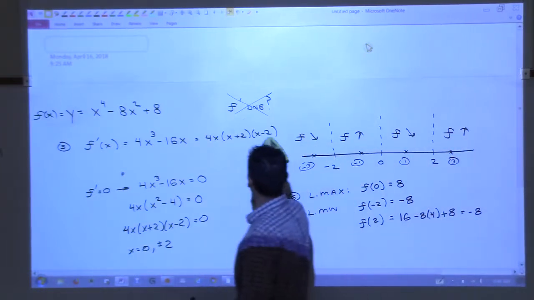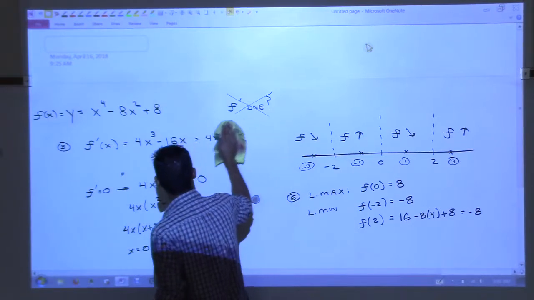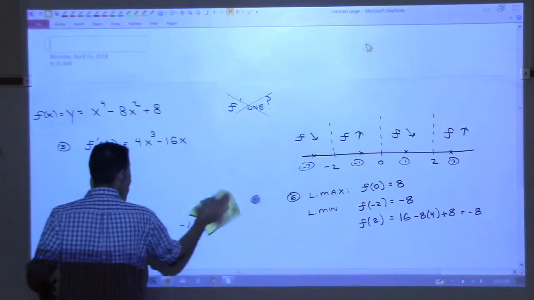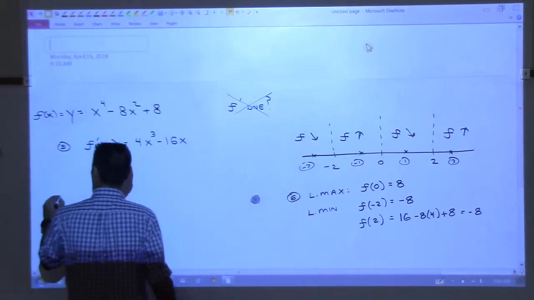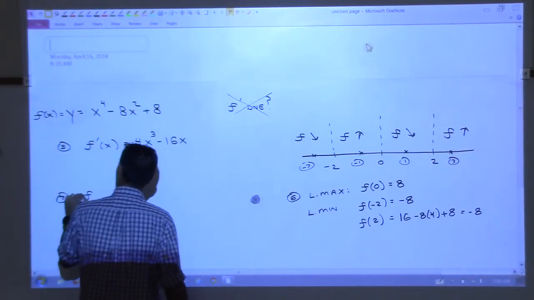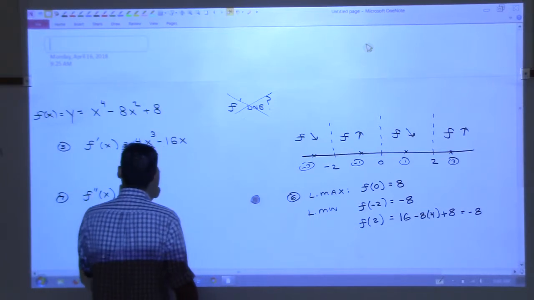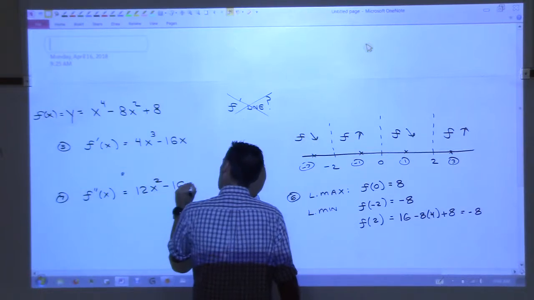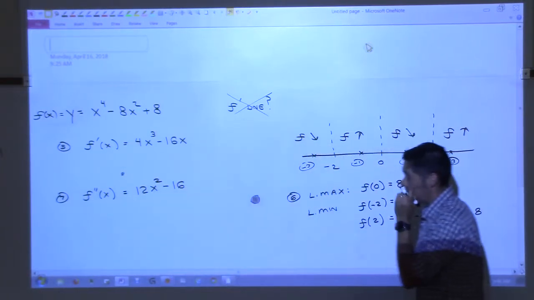7 is concave up, down? Yes? OK, so step number 7 is to take the second derivative and do basically the same exact thing we just did. So my second derivative is 12x squared minus 16.